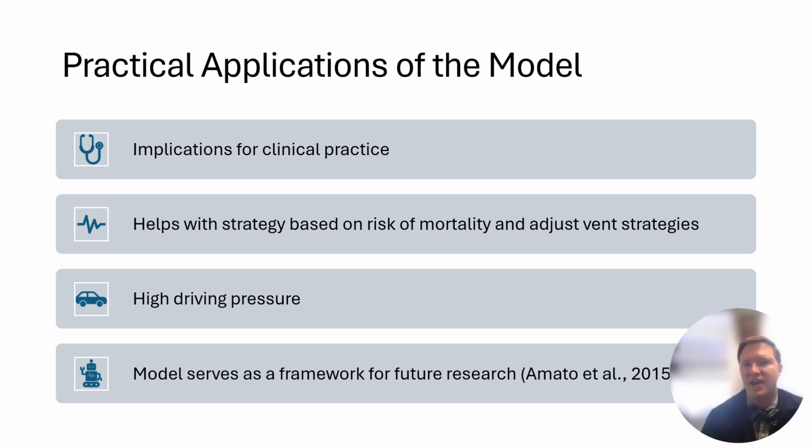So patients with high driving pressures may benefit from different types of interventions, but the point is to look at those driving pressures and to minimize those driving pressures to reduce biotrauma. So patients with high driving pressures might benefit from more aggressive interventions as well that aim at reducing stress. Another option to think about would be ECMO, right?